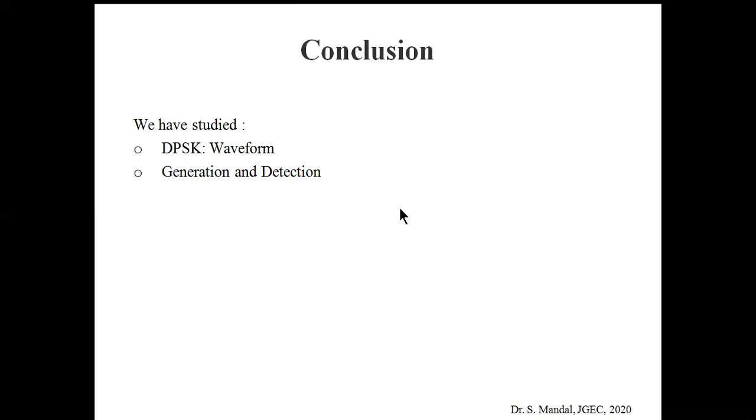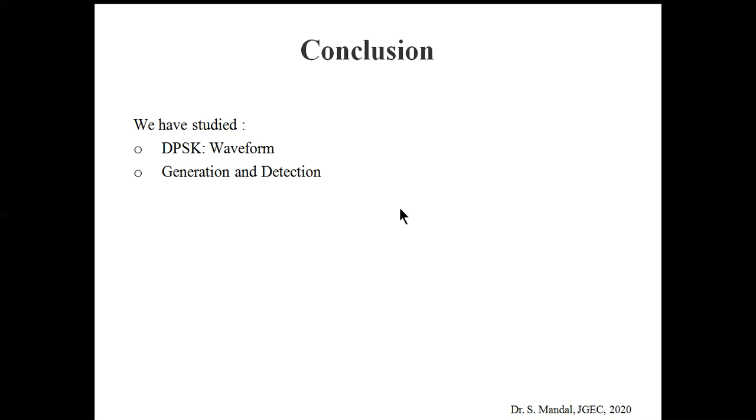So coming to the conclusion part, in this class we have studied the DPSK, that is differential phase shift keying, a type of digital modulation, which is a combination of differential line coding and phase shift keying. We have already observed the corresponding waveform where 1 is denoted by the phase shift in the waveform and 0 defines no phase shift in the waveform. But we should remember that the phase of the current bit depends on the previous bit also.